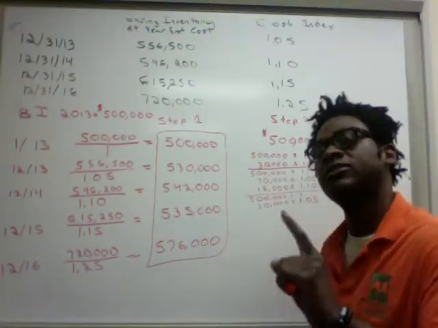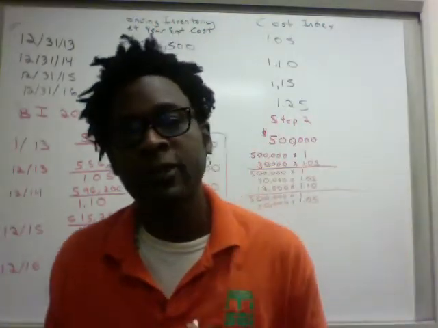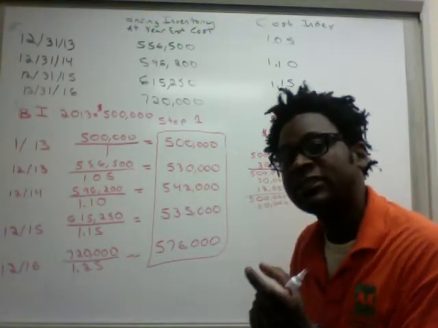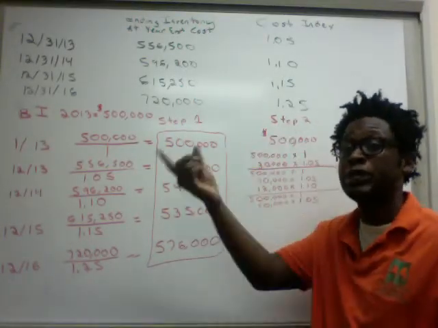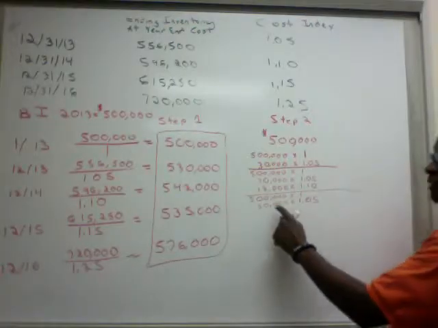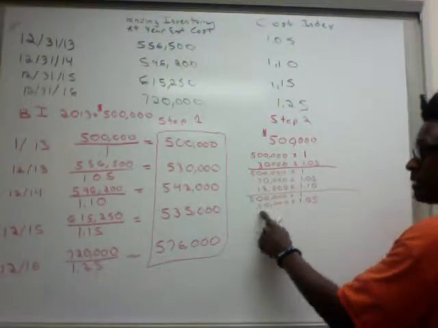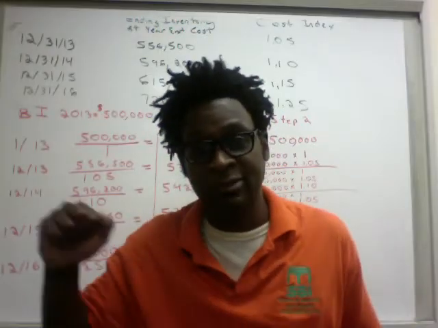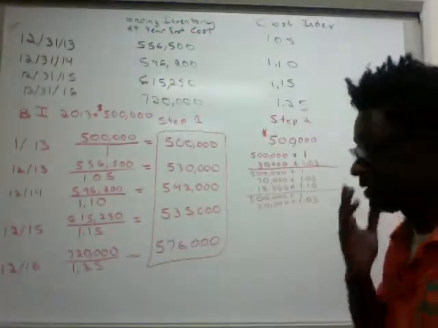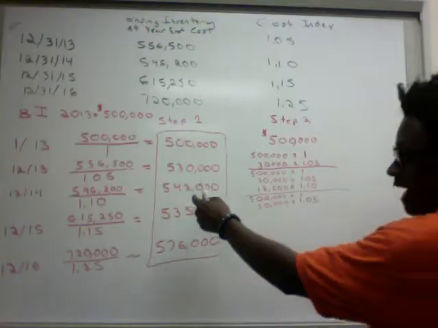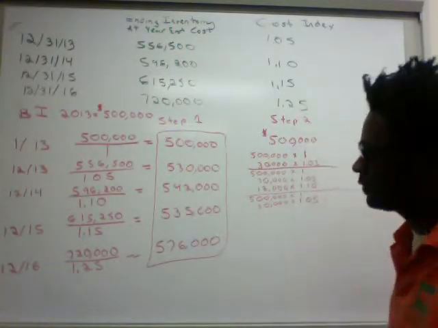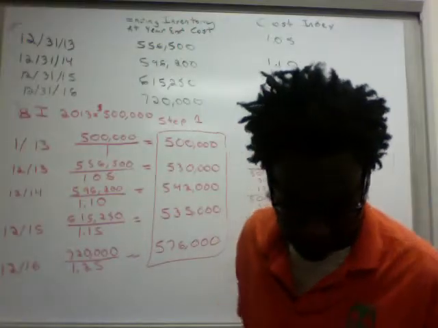Whenever you have a decrease in this method, that amount of the decrease has to come from the previous layer amount, okay? So obviously, we went down. What's the difference between 542 and 535?